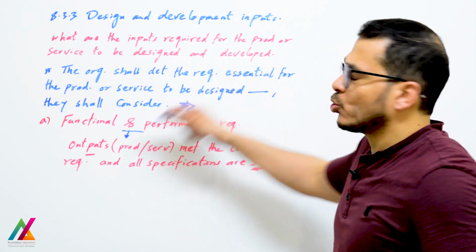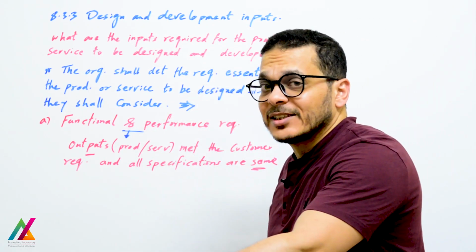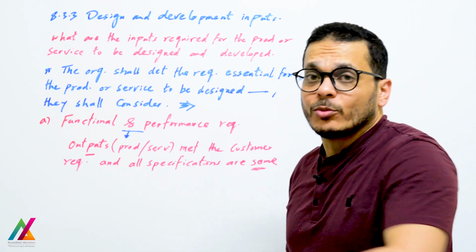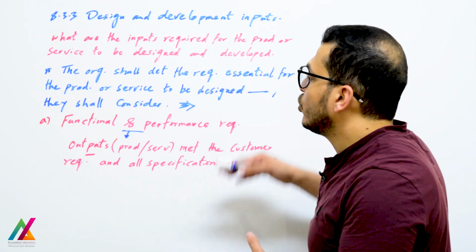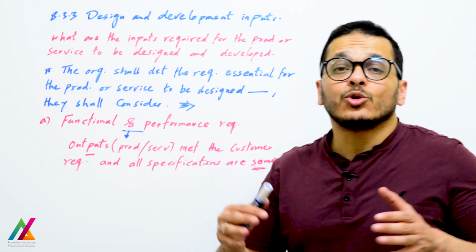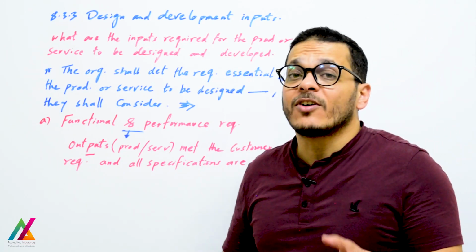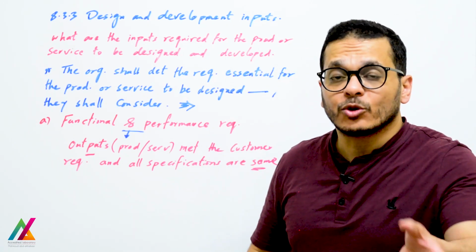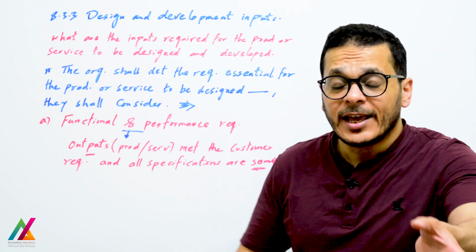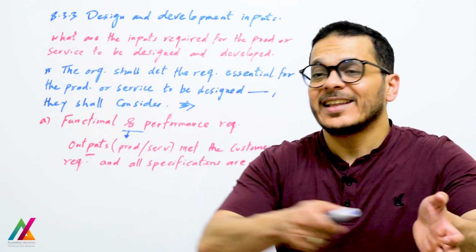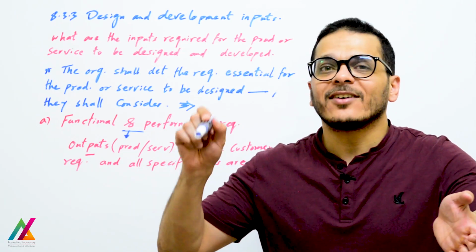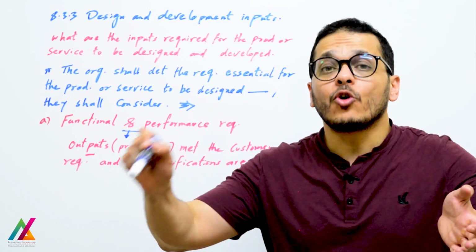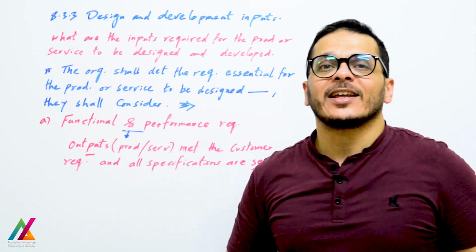The performance of the product that will be designed or developed shall also be considered in your inputs at the beginning. You shall define all requirements for this product or service very well, and what you need from this product. Then at the end you will have the output which is performing well as you define in the inputs.